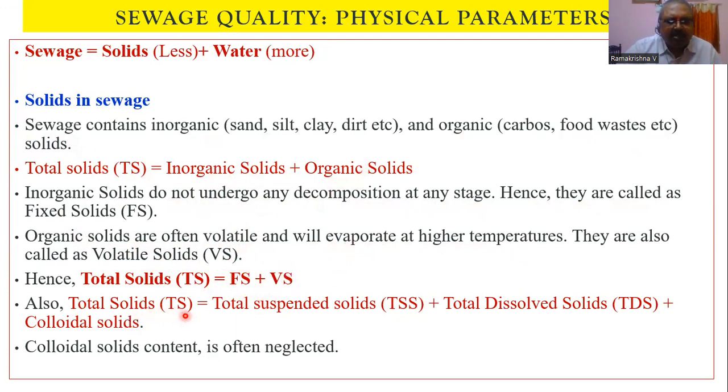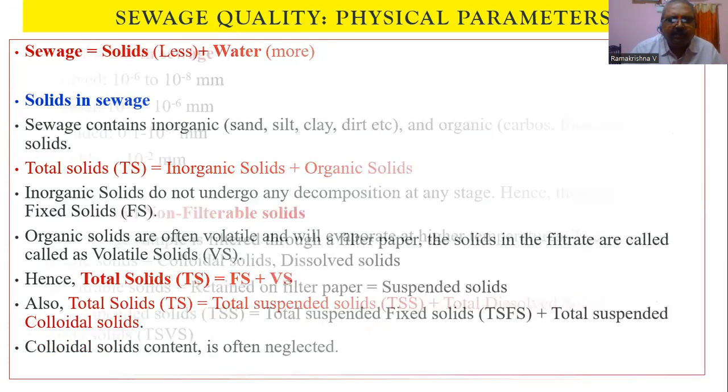The total solids can also be categorized as total suspended solids, total dissolved solids, and total colloidal solids. Colloidal solids are less than 1 micron in size. And total suspended solids are nothing but those which are floating in the water. And there can be some settleable solids also along with the suspended solids.